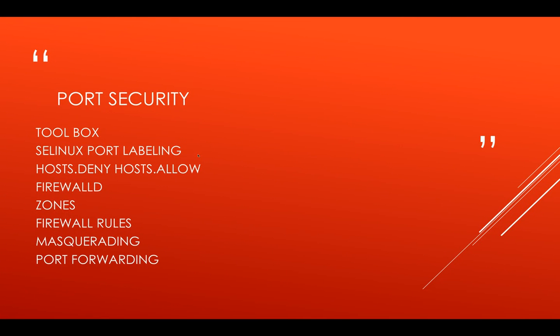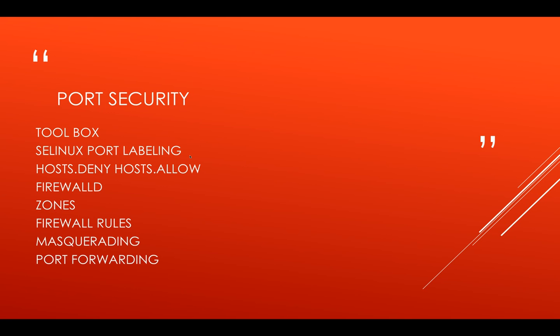Okay, so that's it. So today we took a look at port security. It was a very long video. I apologize for that. Hopefully you go through it several times. But we talked about the toolkit. As you know by now, the toolkit is critical to be able to do port security effectively.